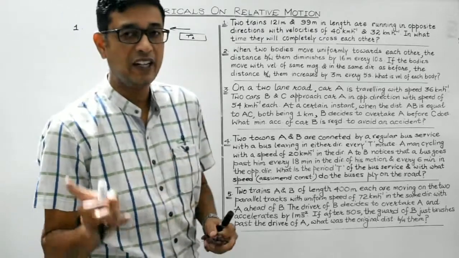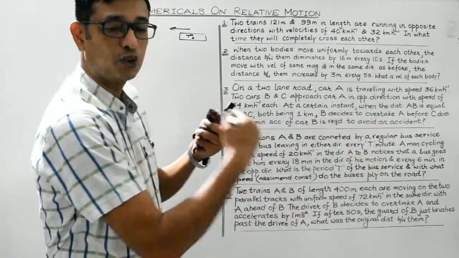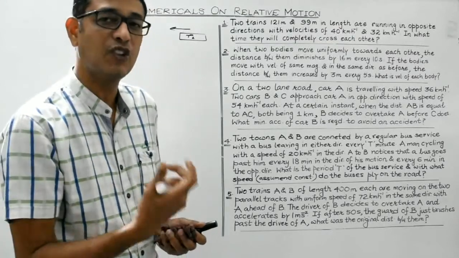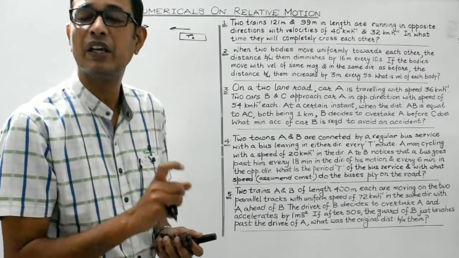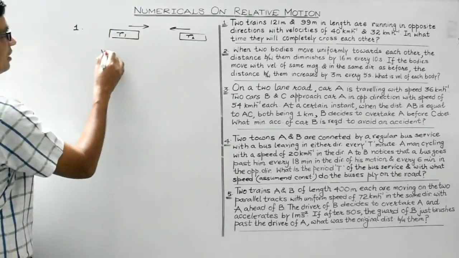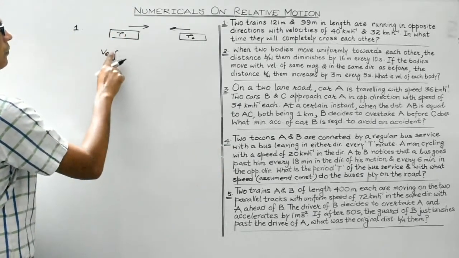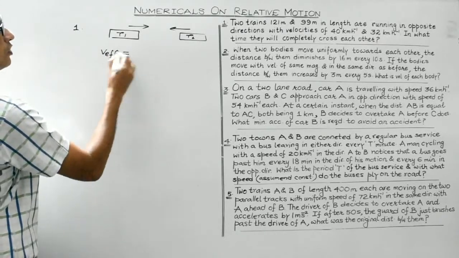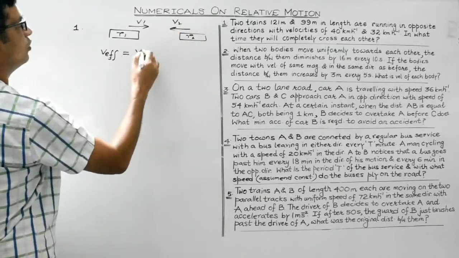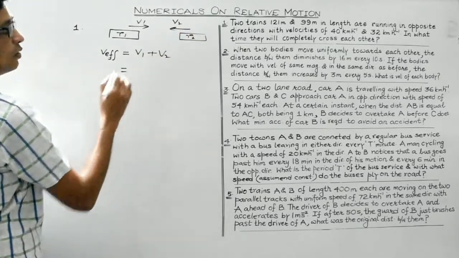So students, for independent bodies, if they are moving in the opposite direction, then what will be the effective speed? That is the relative velocity of one train with respect to other would be given by the addition of their individual speeds. So in this case, the effective speed of the trains would be V1 plus V2, since the bodies are moving in the opposite direction.